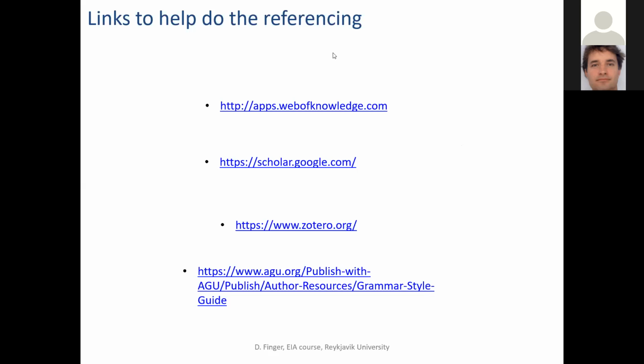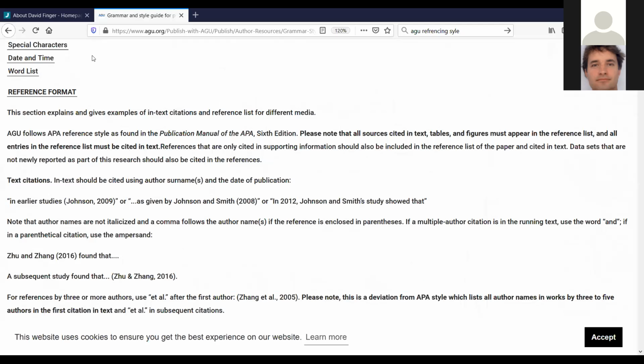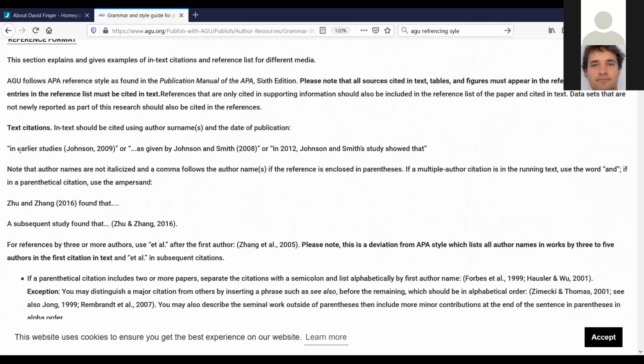I just want to point out, you have also here the link to the referencing style. I'm going to share this very quickly. So the referencing style I would like you to adhere to is the AGU referencing style, which is the American Geophysical Union referencing style. In principle, in the text that you write, you can have in parentheses the last name, as you can see right here, and the year, if you only have one author.